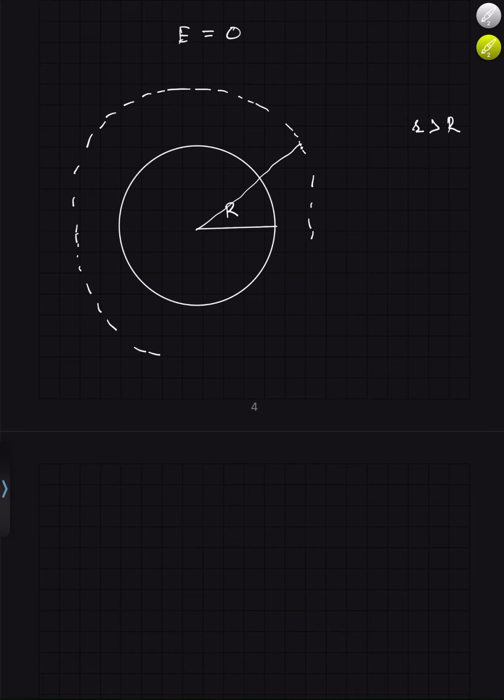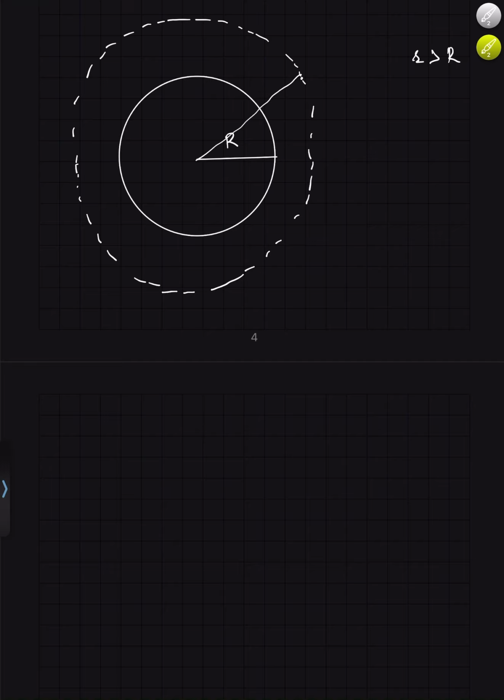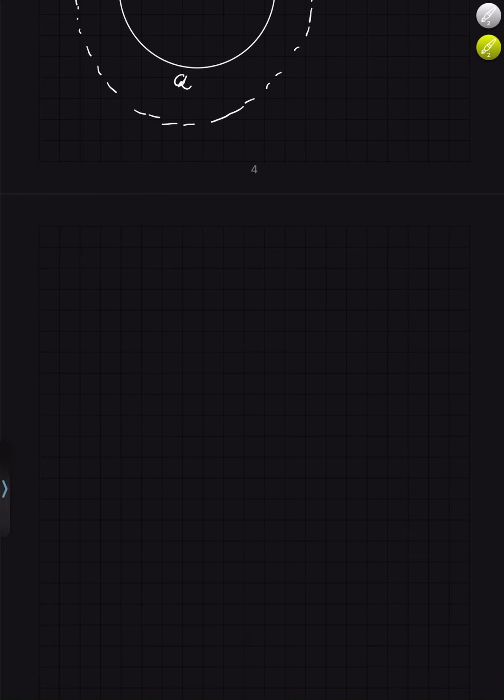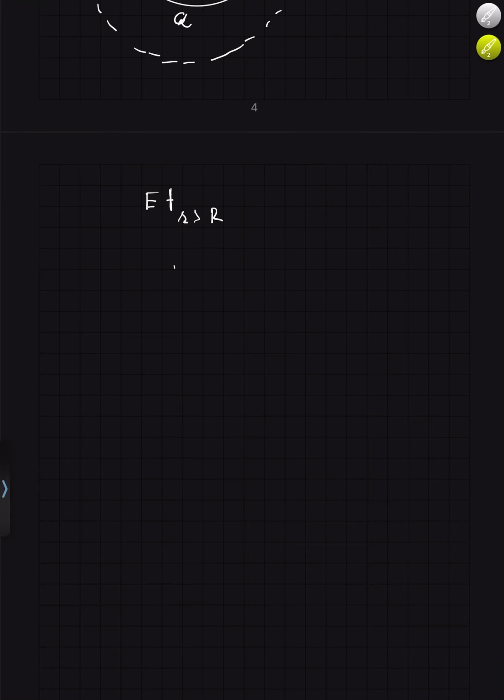The charge on the spherical shell is capital Q. According to Gauss law, E dot ds is equal to q by epsilon naught.